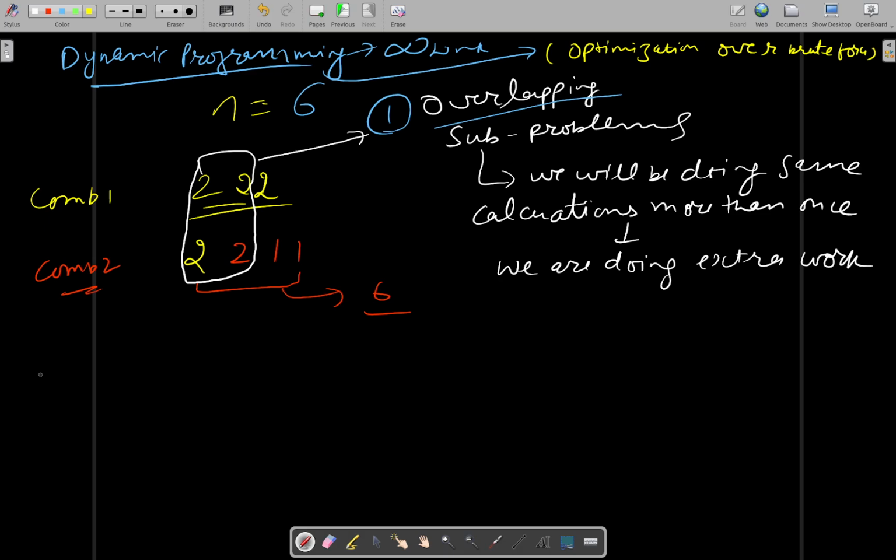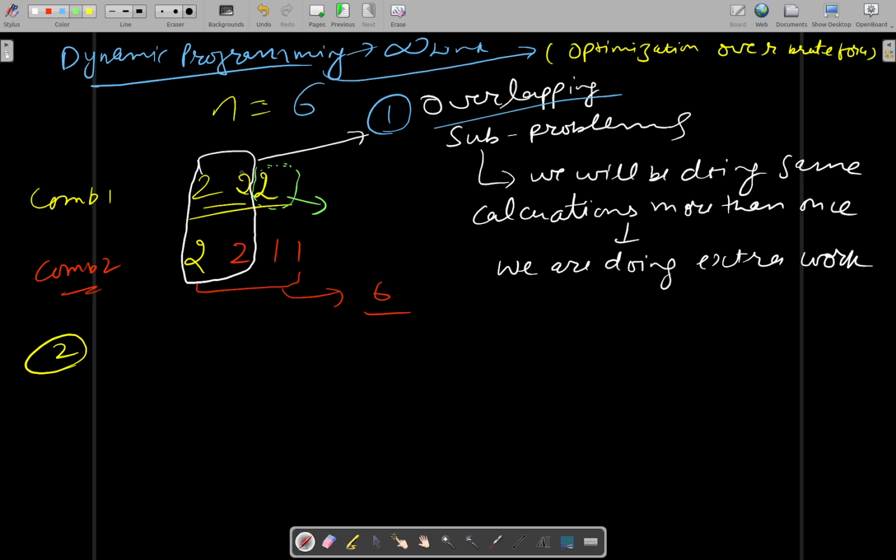Let me discuss the second property. As you can see, if you are to find out the number of steps required at this particular one, how could you have ended at this particular step?